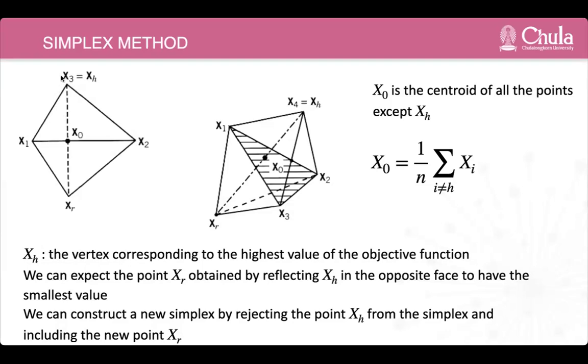We have to go away from x3, so we should follow the vector from x3 to the centroid. We find the centroid of these 3 points first and then follow the vector from x3 to x0, where x0 is the centroid.